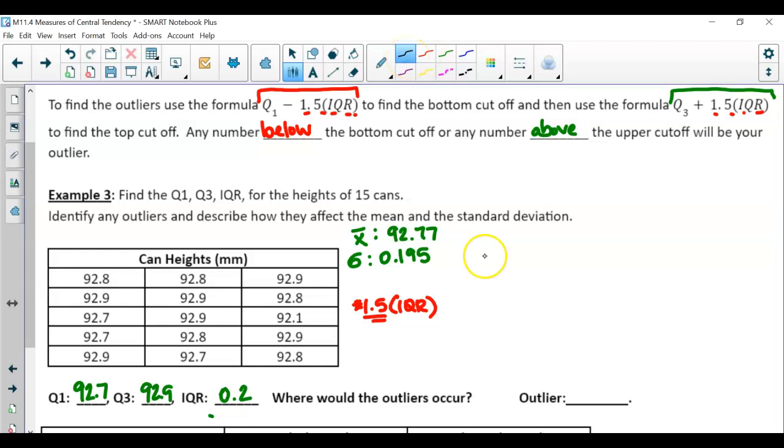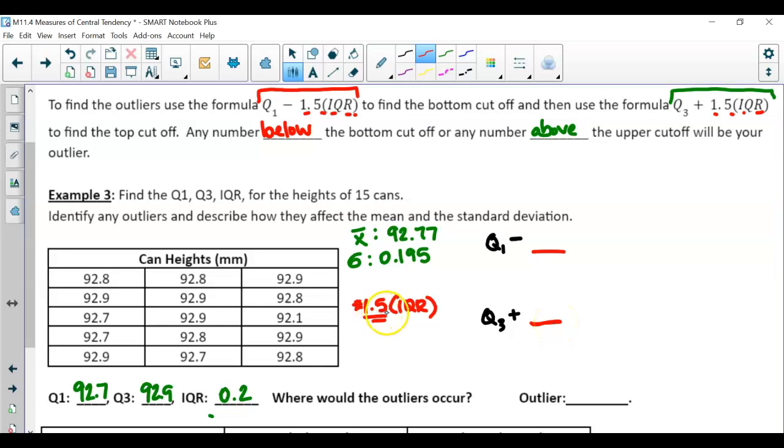So to get the lower, we're always going to take quartile 1 and subtract. If you think about it, right? We're always subtracting that value, the 1.5 times the IQR. Then to get the upper, we're going to take quartile 3 and we're going to add, because that is the upper. Then the same value, right? So let's go ahead and calculate.